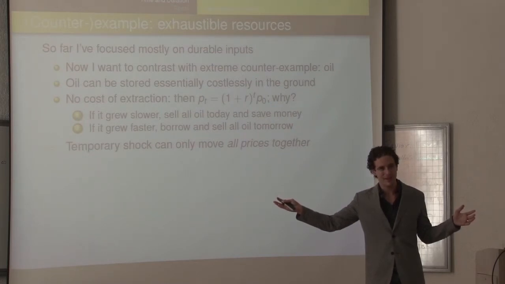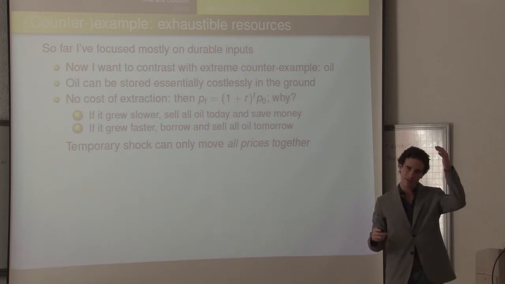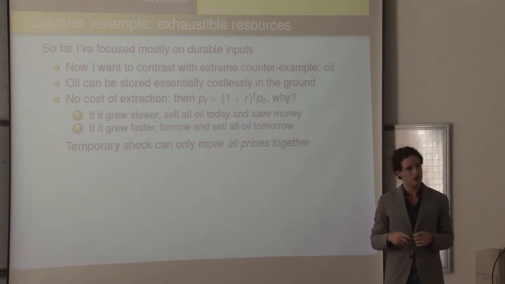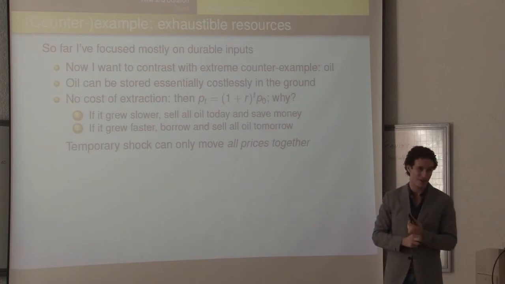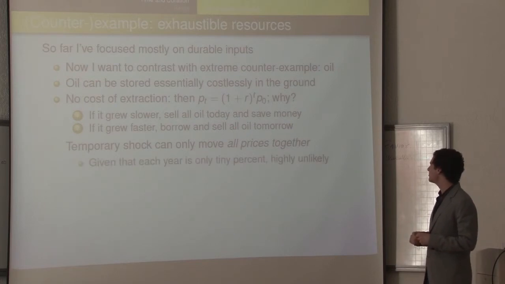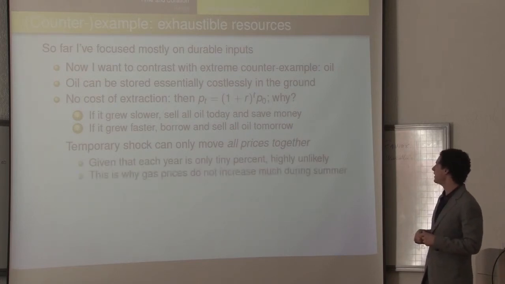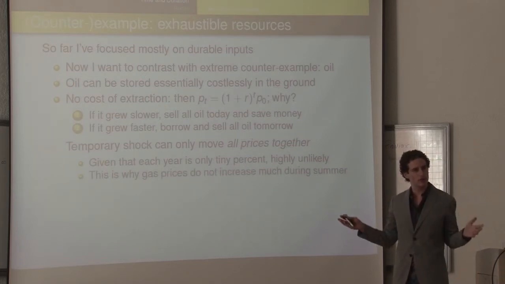Right? And that means that it's probably not going to be very likely that a short-run increase in the demand for oil will lead to an increase in the price of oil almost at all. Because it would have to increase prices forever from then on, right? And that would affect demand forever from then on. Which means that a temporary increase in the demand for oil won't cause its price to change almost at all.